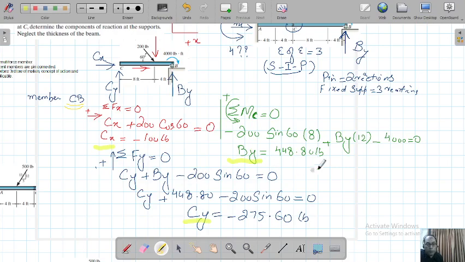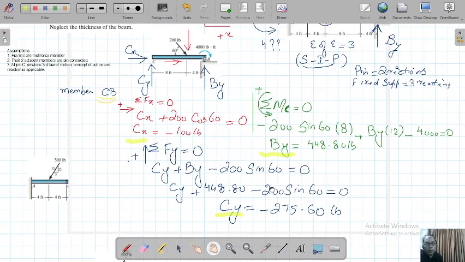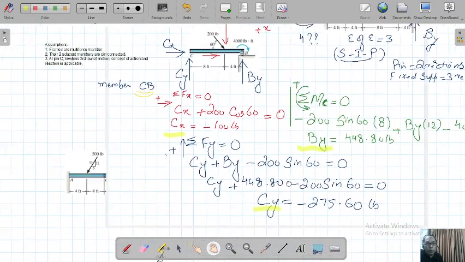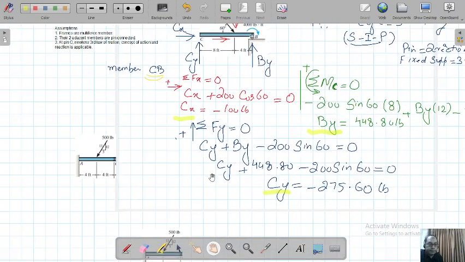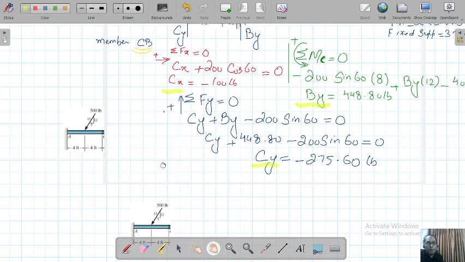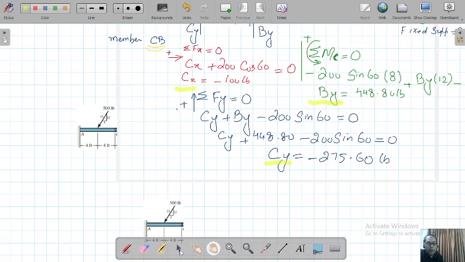Okay, so if you look at it again, now we will be going to this member here. This is our respective member if you look at it.